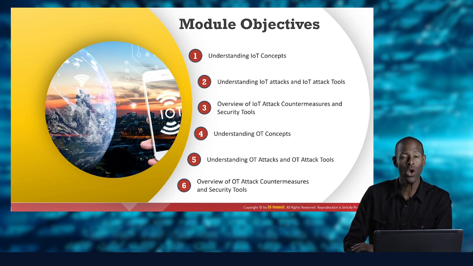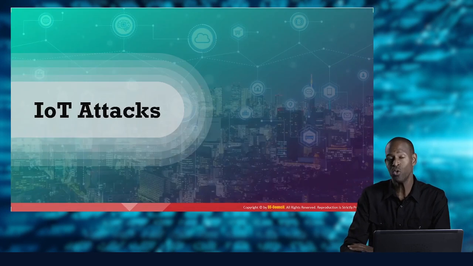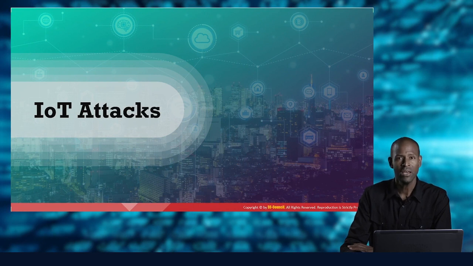Let's start at IoT. Sometimes IoT is called IoE, the Internet of Everything. And it is the idea that we are able to connect what before was just an inanimate device.